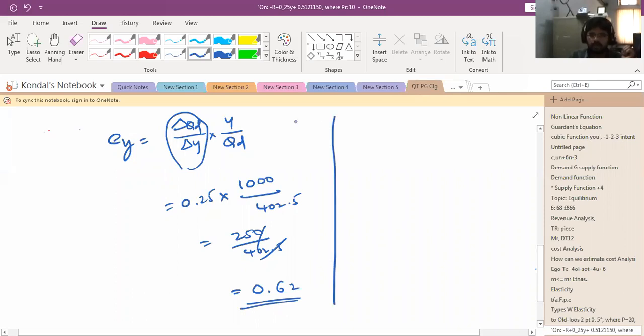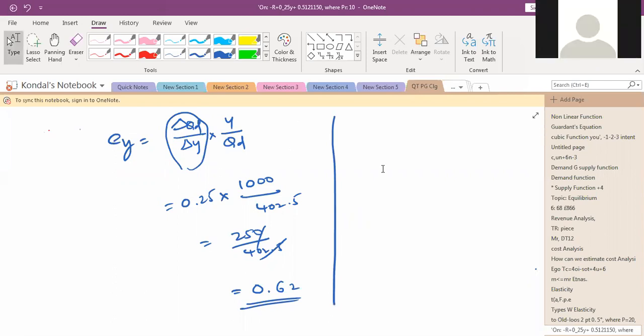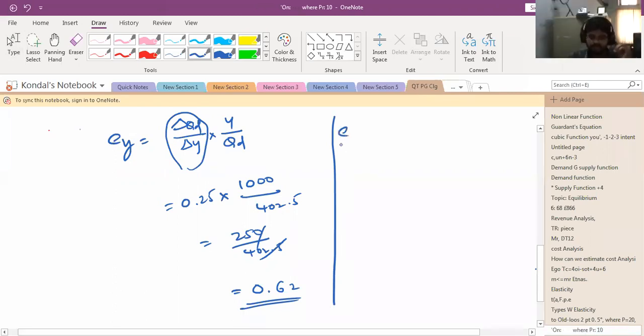Are you understanding? Yes, sir. So next we have the cross elasticity, elasticity of Pz, or Xz. As we know, delta Qd divided by delta Pz into Pz by Qd. So what is the slope?